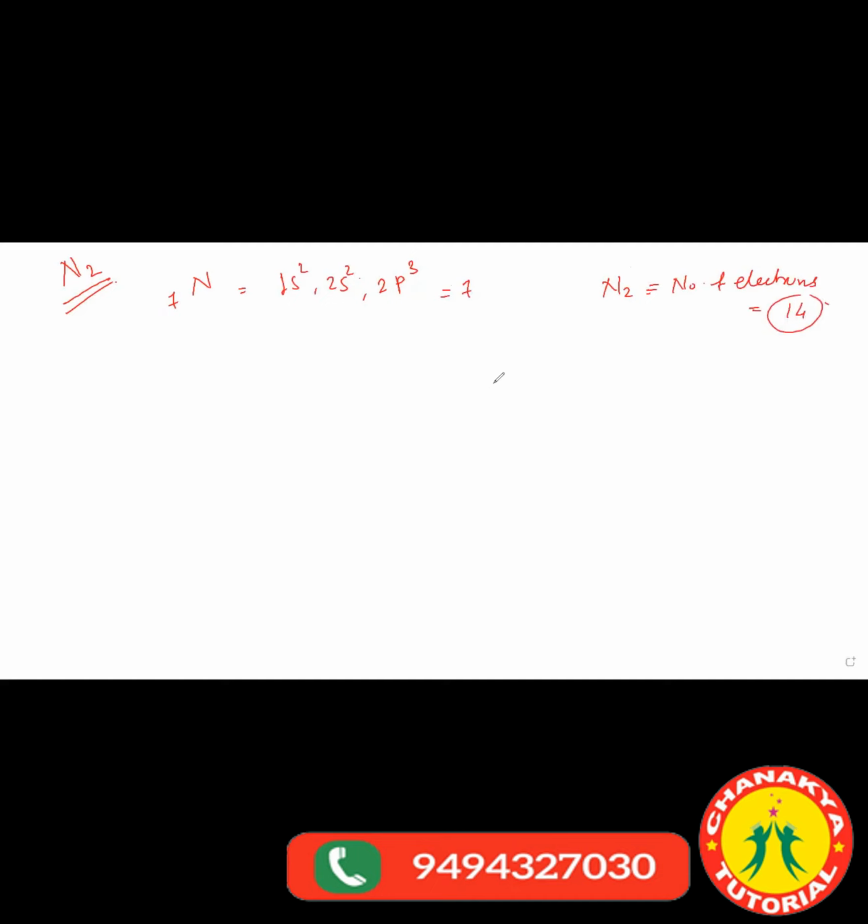Now for nitrogen, the diagram which we have followed for carbon, the same diagram we have to follow for nitrogen as well, right? So this would be the energy graph. Here it will be the 1s, then 2s, then 2p. These are the atomic orbitals. They will form the molecular orbitals.